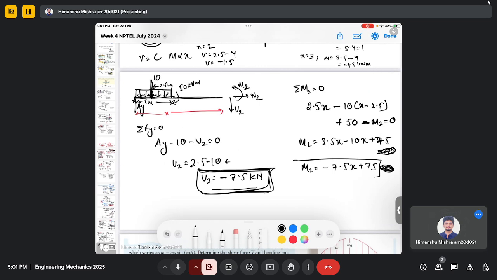Correct, I think. So this is the relation of bending moment between B and C.